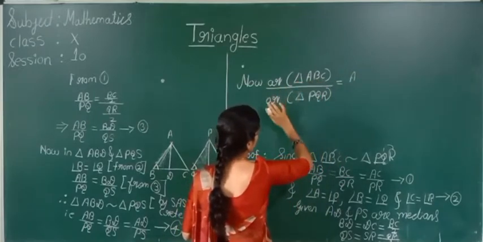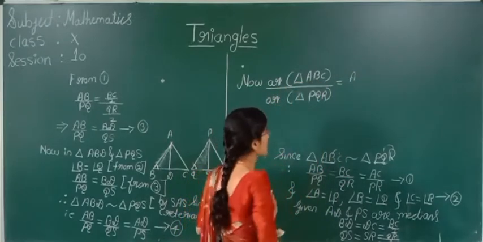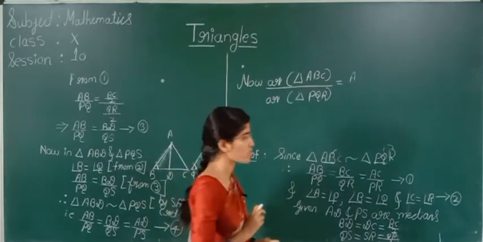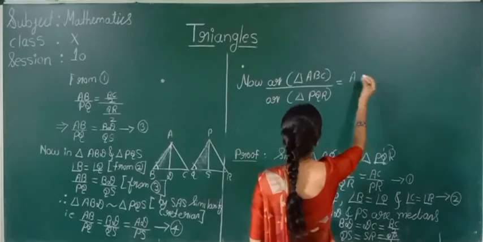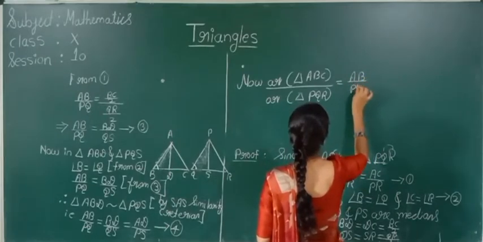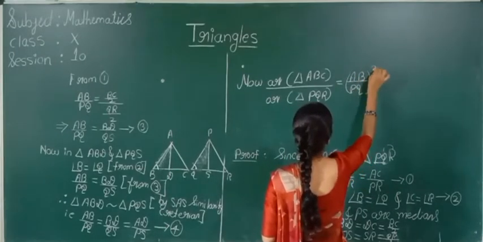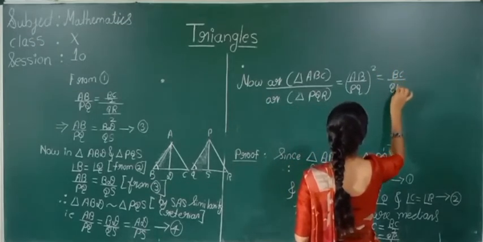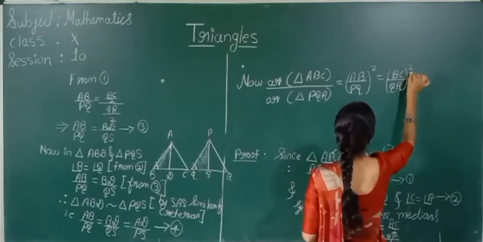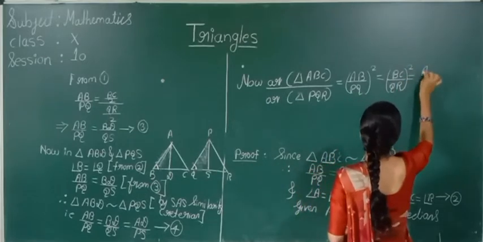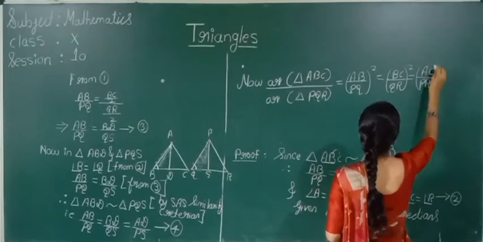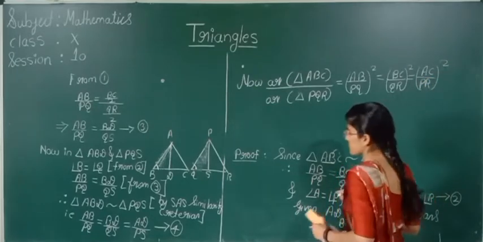Area of a triangle ABC by area of a triangle PQR is equal to the square of the ratio of their corresponding sides. That is AB by PQ the whole square is equal to BC by QR the whole square is equal to AC by PR the whole square.